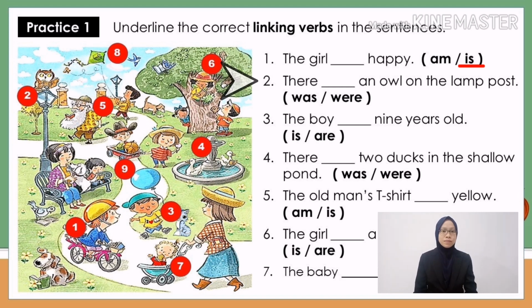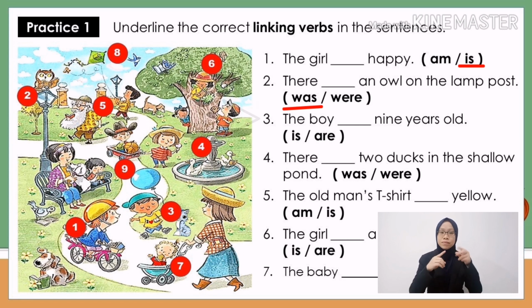Number 2, there blank an owl on the lamp post. How many owls do you see here? Yes, only one. So the answer is was. Number 3, the boy blank 9 years old.